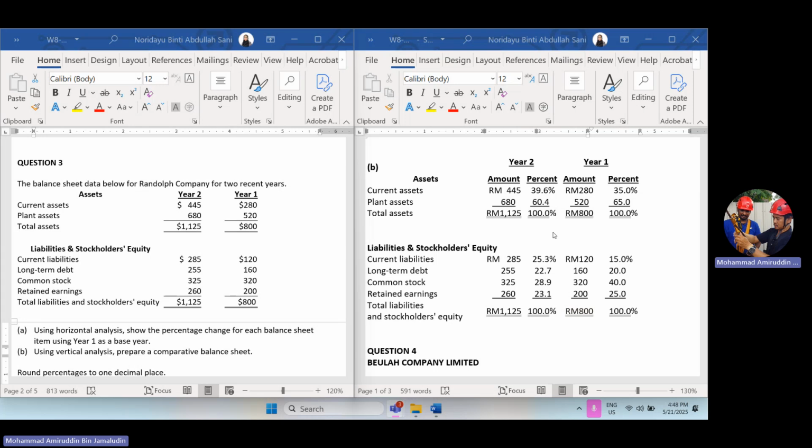It's not healthy. Meaning, you'll be busy generating profit to pay your liability, not to make your business get wealth. Okay, you prosper your business. You are busy settling your loan, your short-term debt, short-term liabilities.